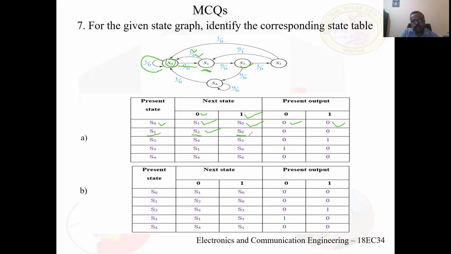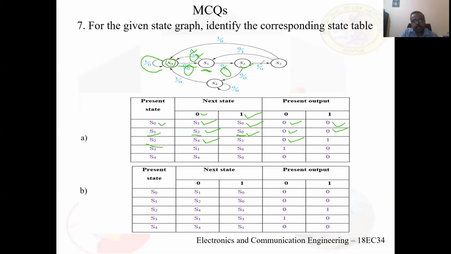So this is correct, this is correct. And what is the output for this one? 0 and 0. Sorry, here 0 and 0. Similarly for S2, when it receives 0, it will go to the state S4, and the output is 0 for this one.